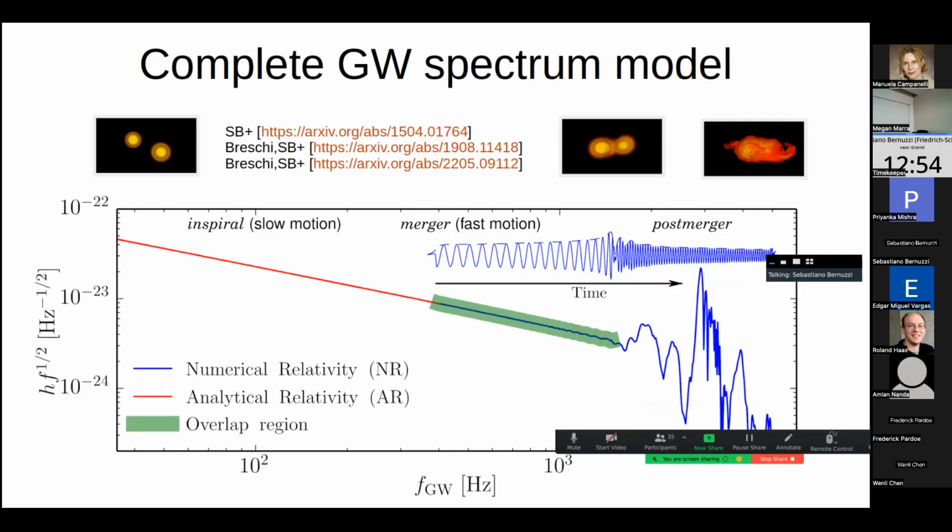The particular way this is done, so how the numerical relativity data is synthesized into an analytical model, is by using equation of state independent or insensitive relations. We know that several quantities, to some extent, don't depend on the equation of state if you parameterize them through a certain parameter, the tidal parameter. In other terms, it's not true that they don't depend on the equation of state, but it's true that the tidal parameter captures, perhaps to 1%, the entire dependence on the equation of state.